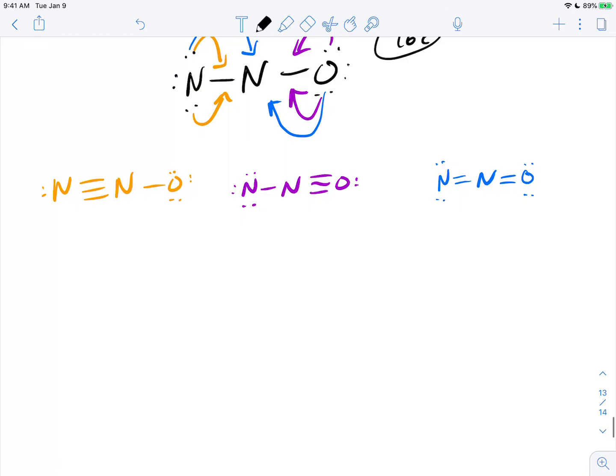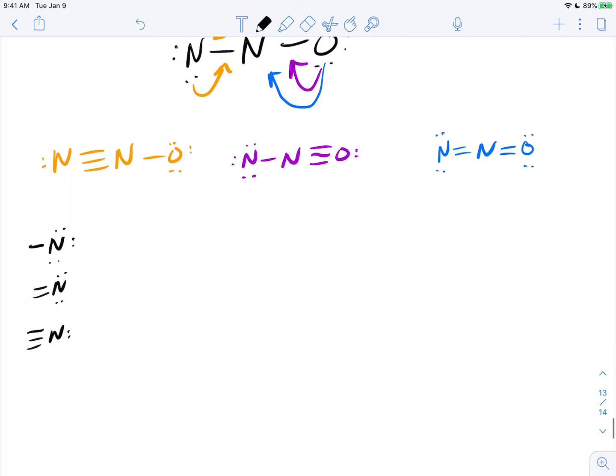I'll make a little chart here, so we can see that we have a nitrogen single bond with lone pairs. We have a nitrogen double bond with 2 lone pairs. We have a nitrogen triple bond with a lone pair. Okay, that's one key.